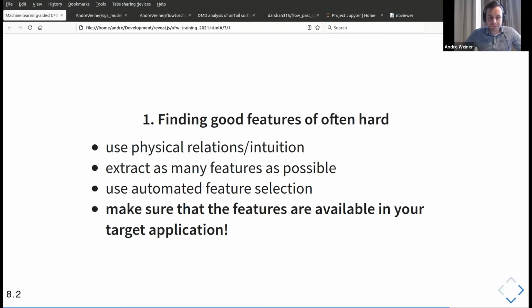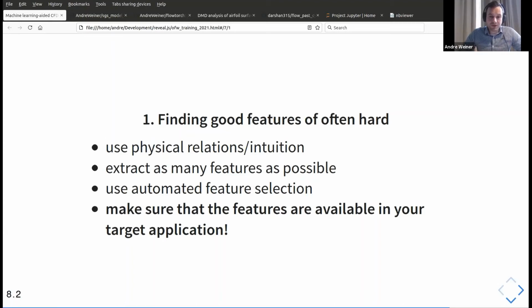What is also surprisingly difficult sometimes is to really be sure that the features you are training your model with are also available in the application that you target. To give you a concrete example, let's say you have a swarm of fluid particles, and you want to create a data-driven model for the drag of those particles. You can imagine that you can probably find a good correlation between the drag of a single particle from knowing the position and the distances of the surrounding particles, right?